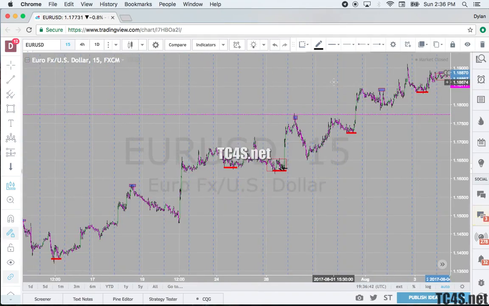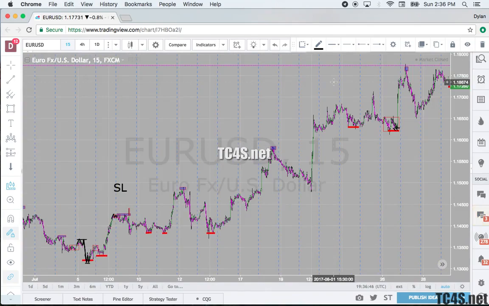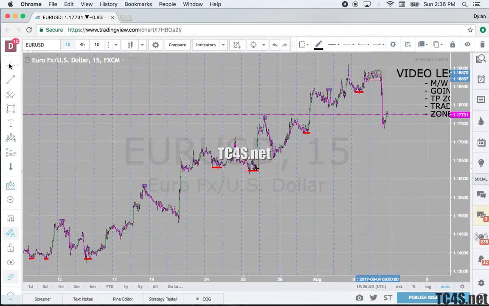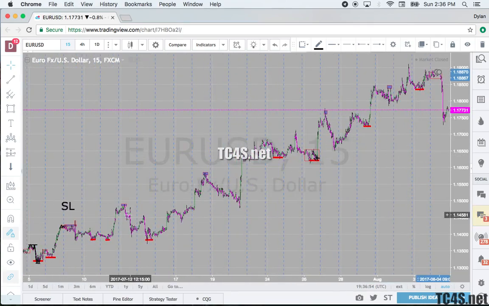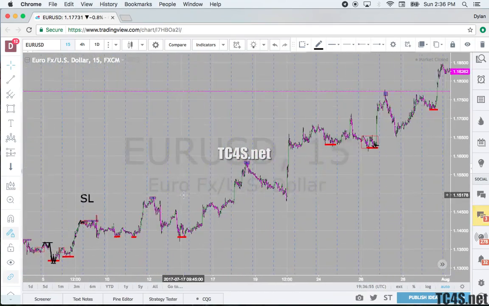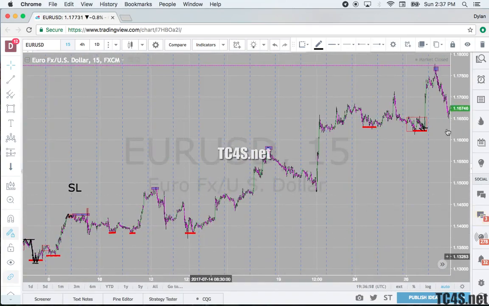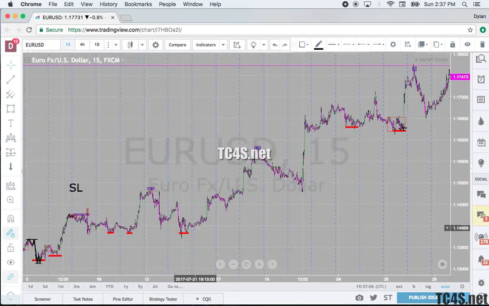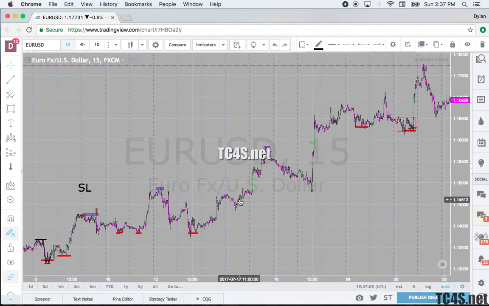But I guess that's kind of different on each pair. But I don't know if I want to go over that, because it is for basically swing trading, and what I'm going over is mostly intraday trading.